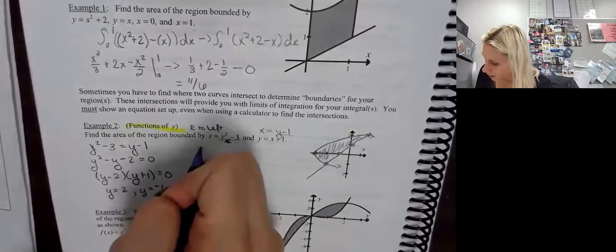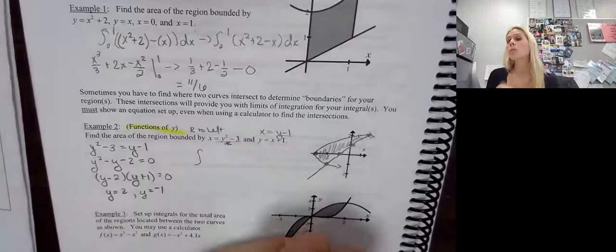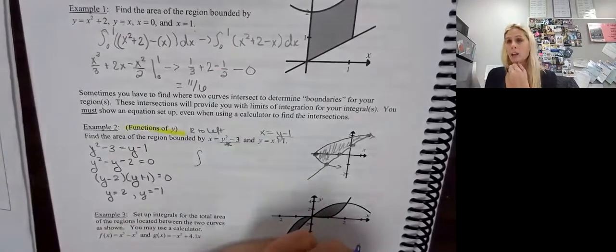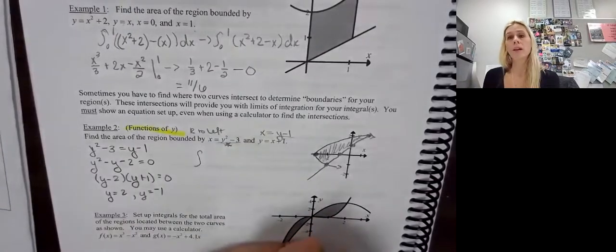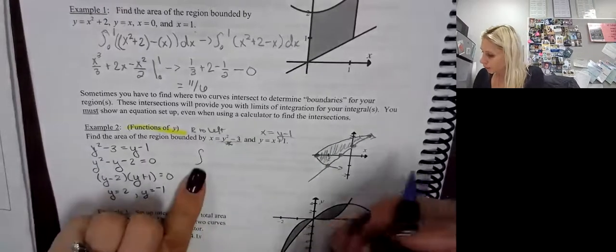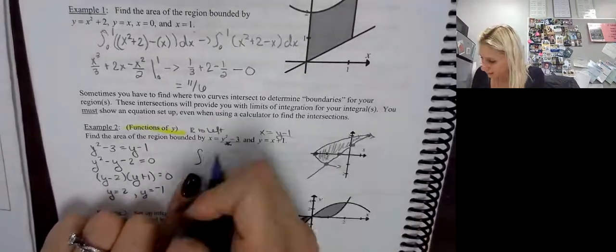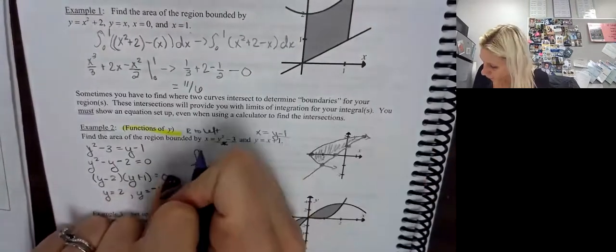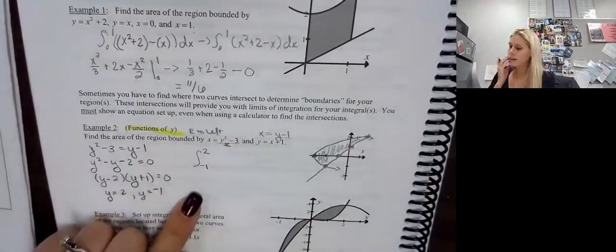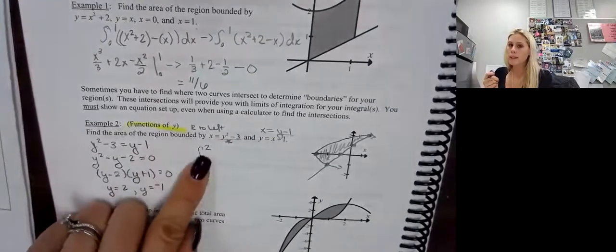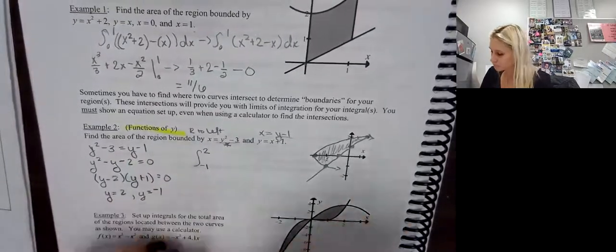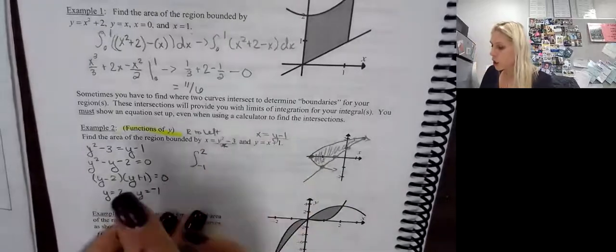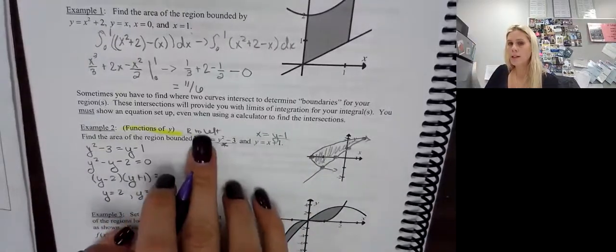So our boundaries, because we're in the function of y, are our y values where they intersect. So our lower boundary where they intersect is y equals negative 1 and y equals 2. Okay, now remember, because we're in terms of y, these are the y values. Then we take our function all the way right to all the way left.